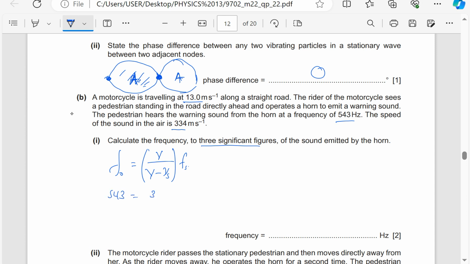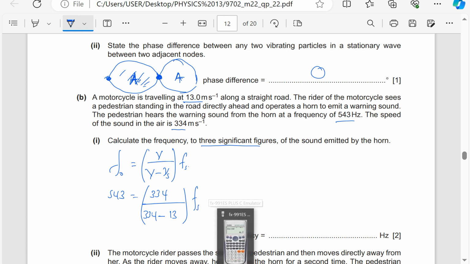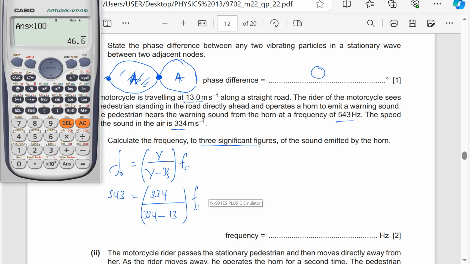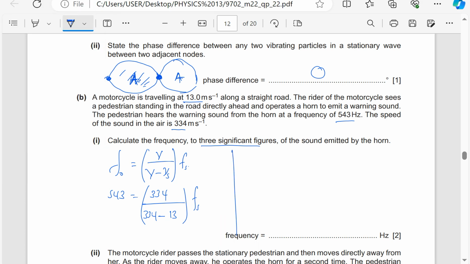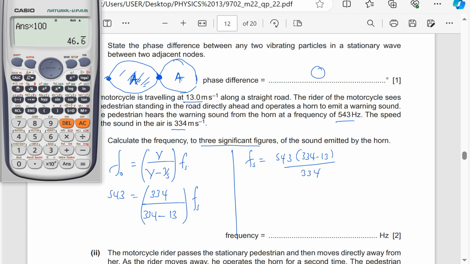The speed is 334 for sound over 334 minus the speed of the source, which is 13, then times the frequency of the source. I'll just press my calculator. I'm making fs the subject, which is going to be 543 into 334 minus 13 divided by 334.